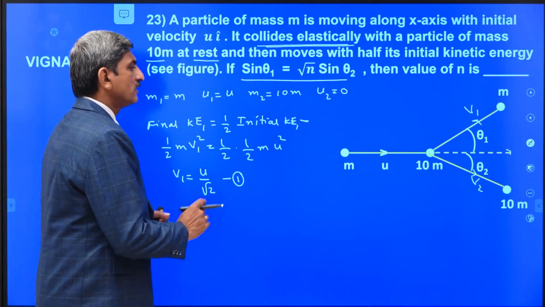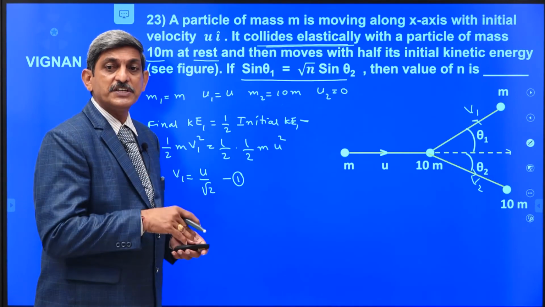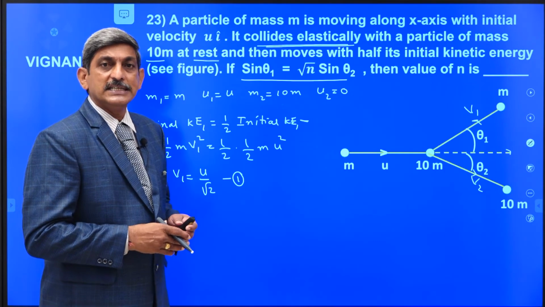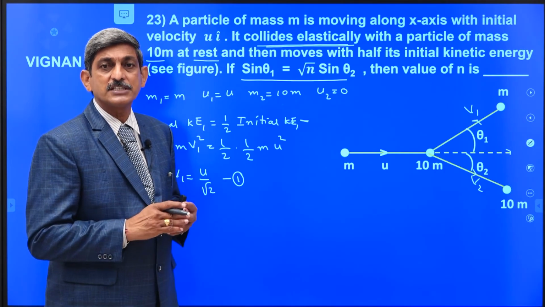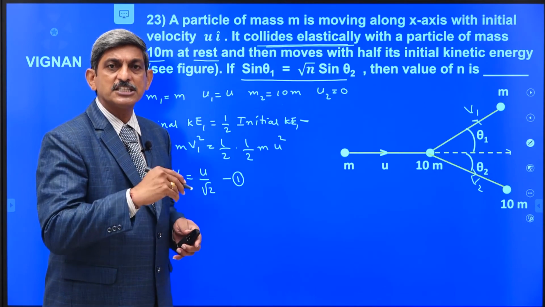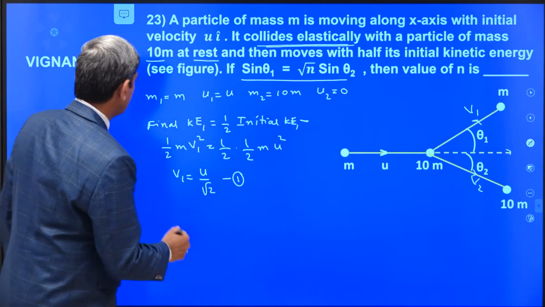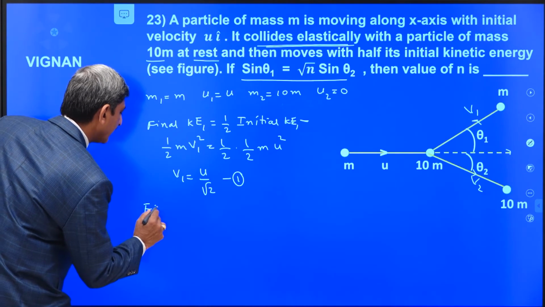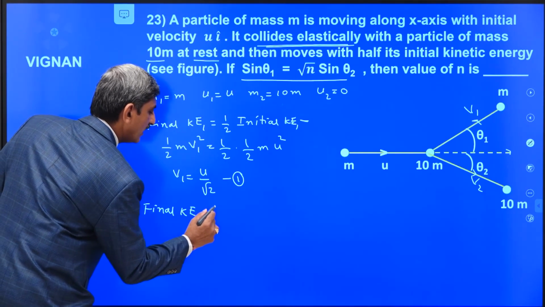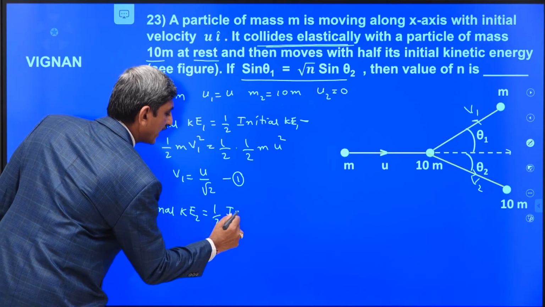If the first body retains half of its energy, then what happened to the remaining half of the energy? In this elastic collision there is no loss of energy. That's why if the first body loses some energy, then that energy must be transferred to the second body. That's why the final kinetic energy of the second one is equal to half of the initial kinetic energy of the first one.